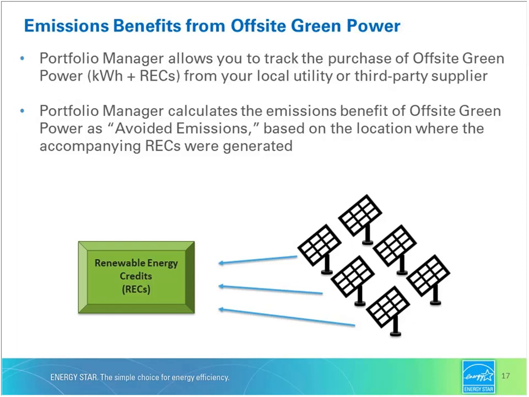Well, even though they're not part of your total greenhouse gas emissions, off-site green power still is associated with marginal load reductions where the power is produced, where those RECs were initially created. So the avoided emissions metric does give you some insight into the emissions benefits of your green power purchases, and that's why that value is tracked in Portfolio Manager.